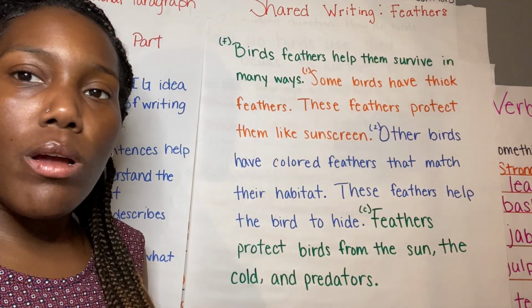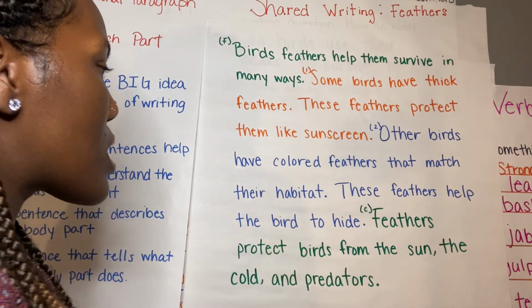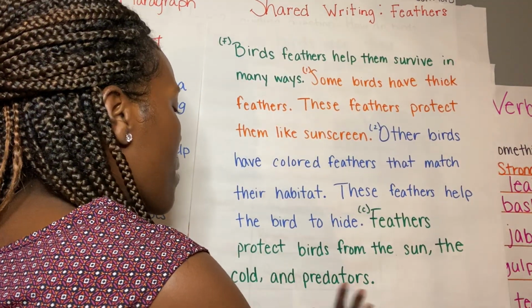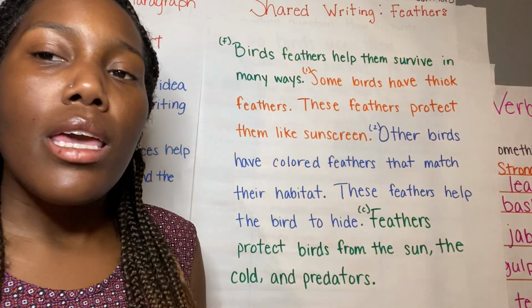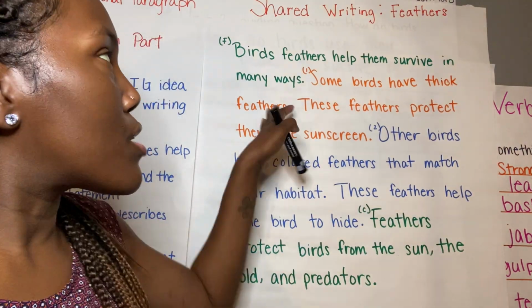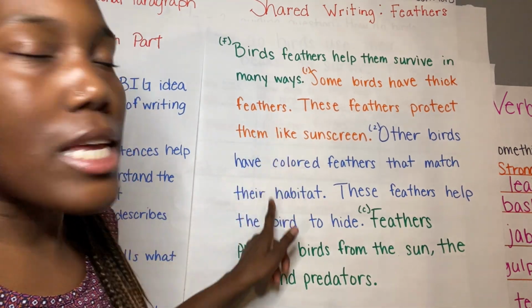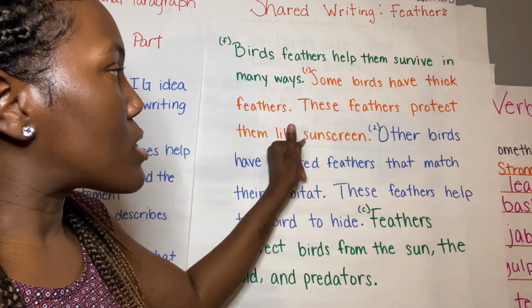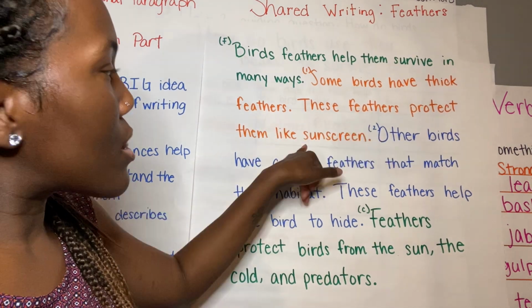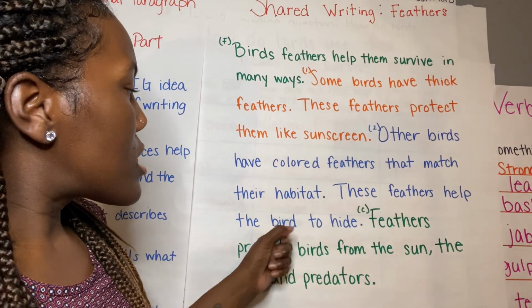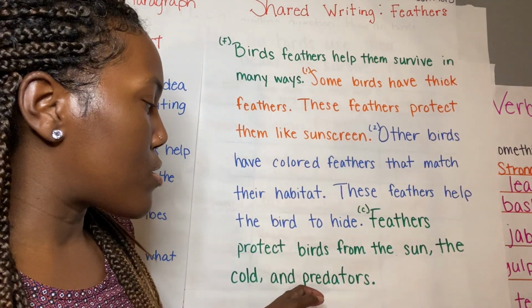And then we're going to get to our conclusion. It says, feathers protect birds from the sun, the cold, and predators. It explained how birds are using their feathers to survive, but it took pieces of each detail. So the first detail was saying that it uses it to protect them from the sun, and the second to help them hide from predators.